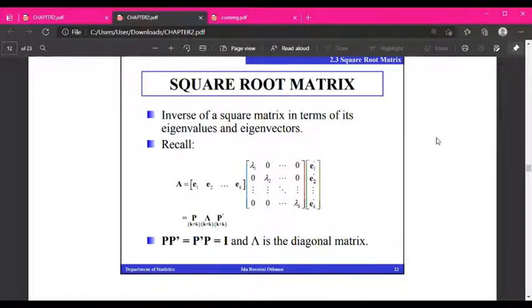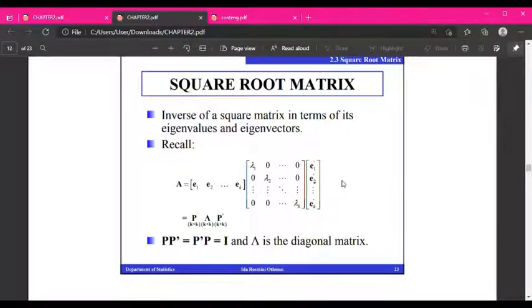Okay, or alternatively we can use this formula in terms of matrices, which is the matrix of the normalized eigenvectors, multiplied by the diagonal matrix of lambda, which is called big lambda. Only the diagonal has values, which are the lambdas or eigenvalues.